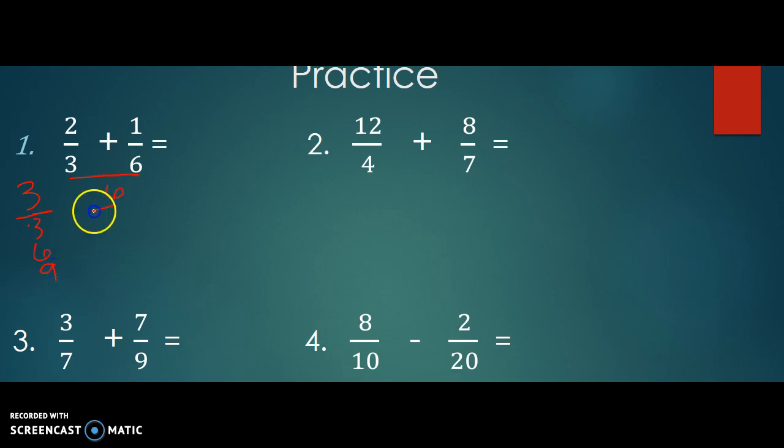Your multiples for 6: 6 times 1 is 6, 6 times 2 is 12, 6 times 3 is 18. I want the least common. They both have the number 6, and that's the smallest that they have in common. So my new denominator is going to be 6.